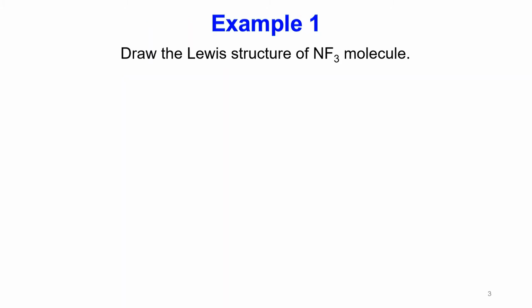For example, we have NF3 molecule. Step 1, we need to count the number of valence electron. Nitrogen, 5 valence electron. We need to refer to the periodic table.